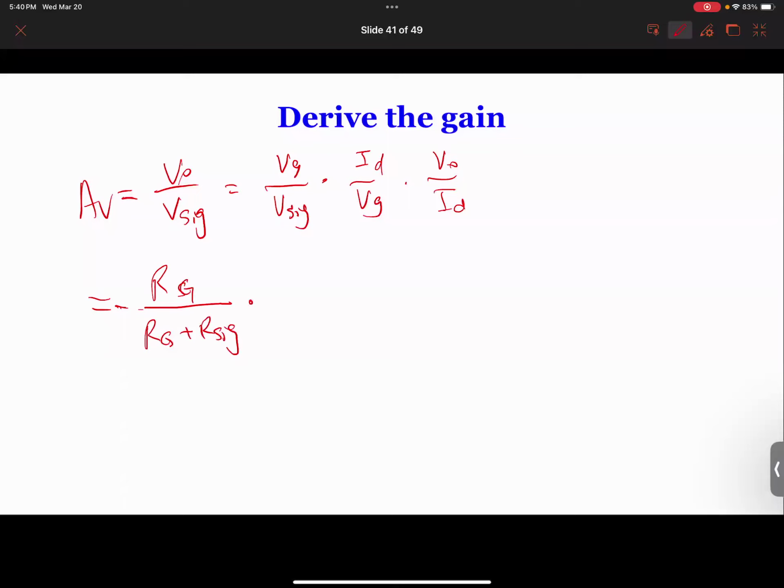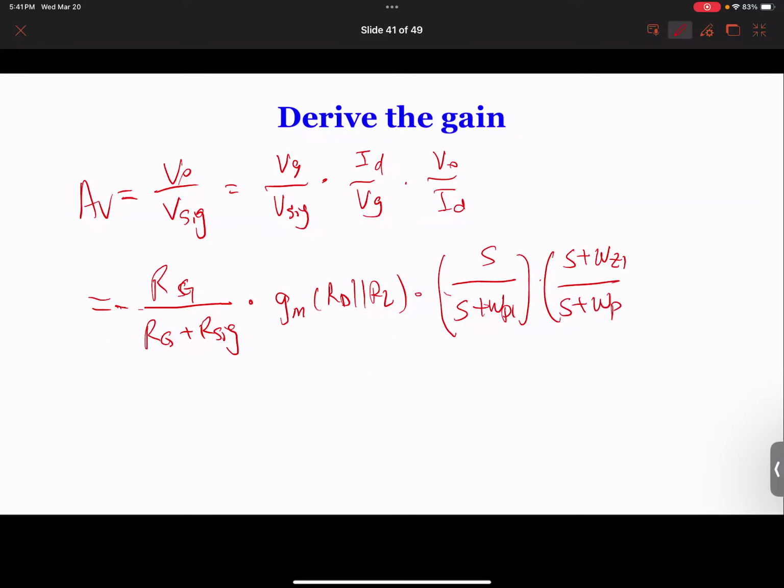Multiplied by the second one, GM times RD in parallel with RL, and then multiplied by S. The first one is S plus omega P1 times S plus omega Z1 over S plus omega P2, and times the third item, S over S plus omega P3. That's your final combination, because your AV is this times this times this. So we plug in everything and we get this equation.